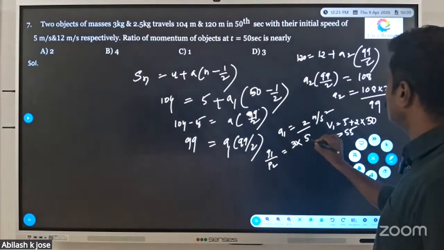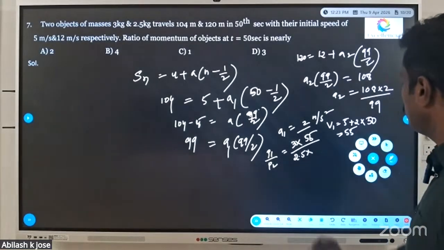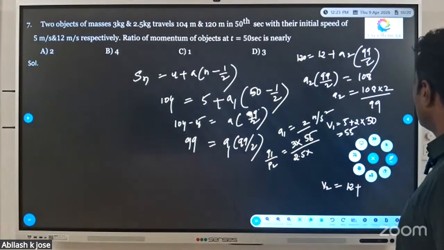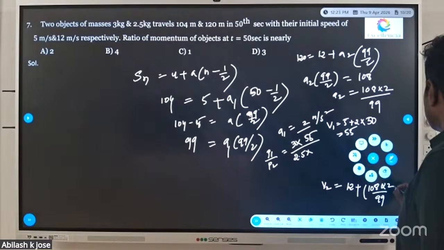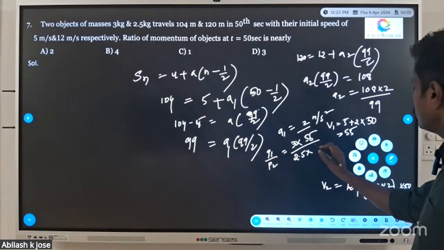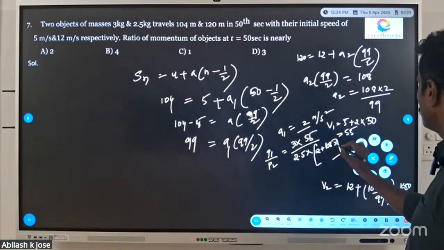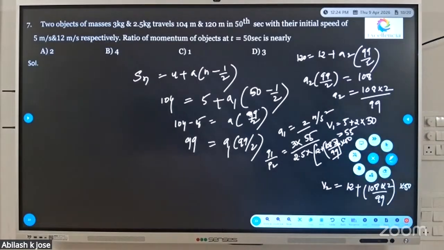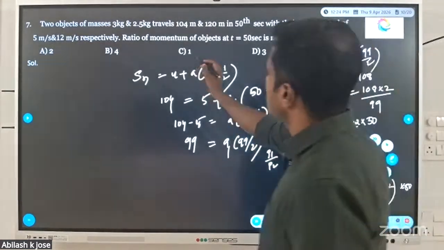Then v2 is equal to the initial velocity 20 plus acceleration, 108 into 2 divided by 99, into 50. This is something very straightforward, a direct question, and given the calculation it comes out to be around 1.